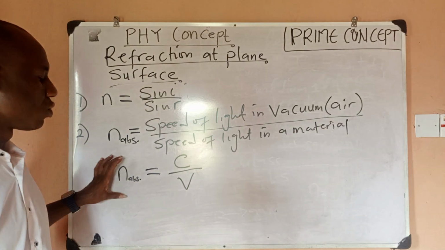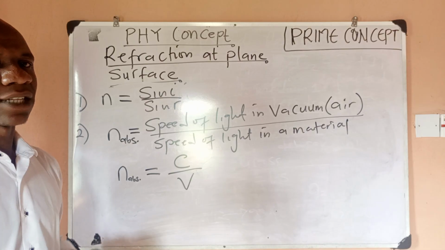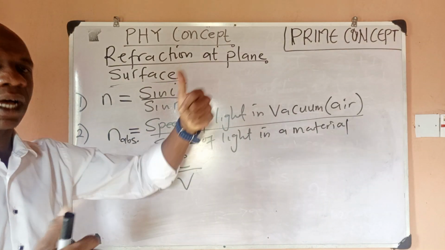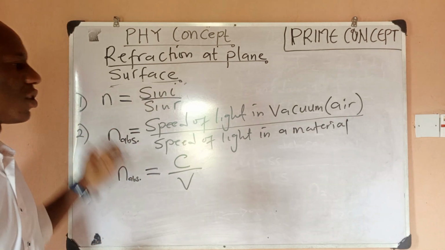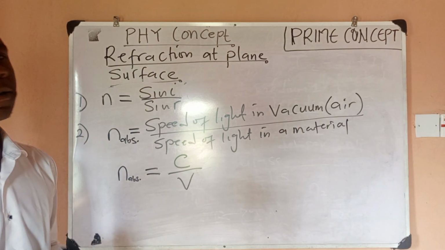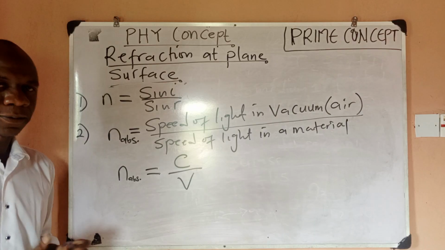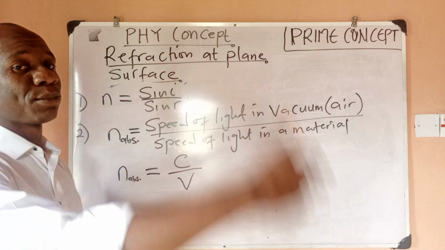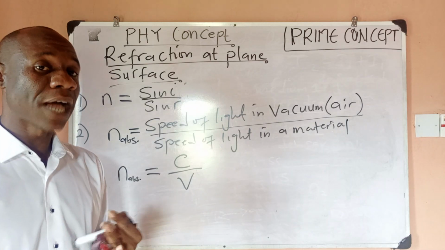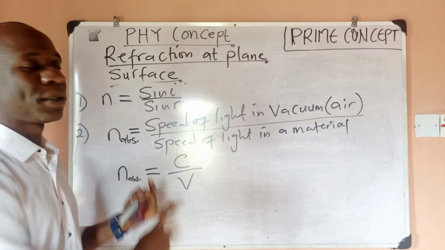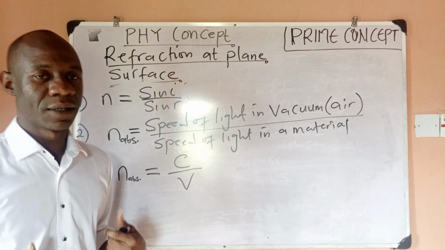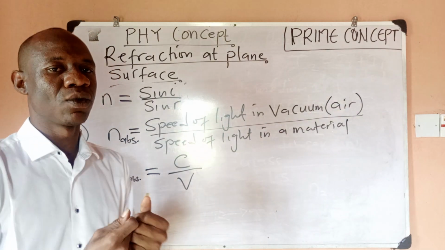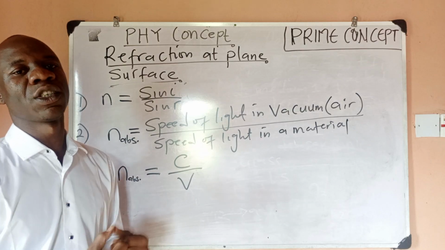So what I want you to note is that refractive index can also be defined in terms of speed of light, and that is the actual origin for the definition of refractive index. Now, another thing we should know is that when light travels from one medium to another medium, the speed of that light will change. If it is moving from air into water, when it enters water, the speed will be reduced.